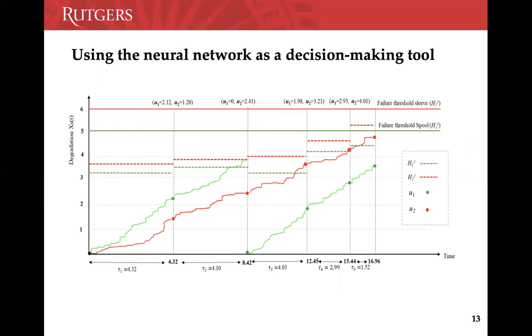If it's not above that, as you can see here in the first step, we don't need to do anything. But in the second step, one of them has a degradation level greater than the unconditioned threshold, so we need to replace it and then feed 0 into the neural network.